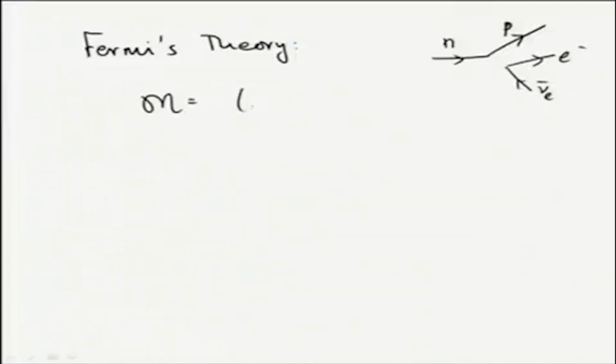These currents can be written in terms of the corresponding spinors: u p bar gamma mu u n, and u e bar gamma mu. It should be the antineutrino that is coming with it, because it is the lepton and antilepton together that will be emitted, not the lepton and the lepton. So, we will have v nu bar associated with it.